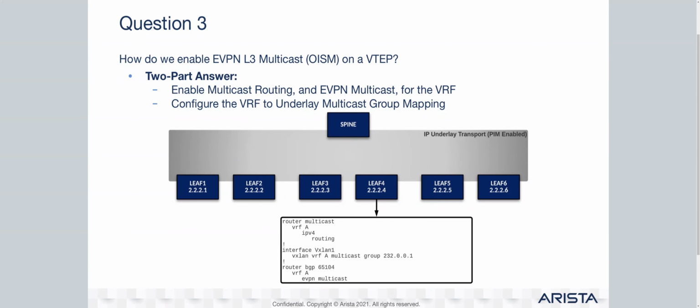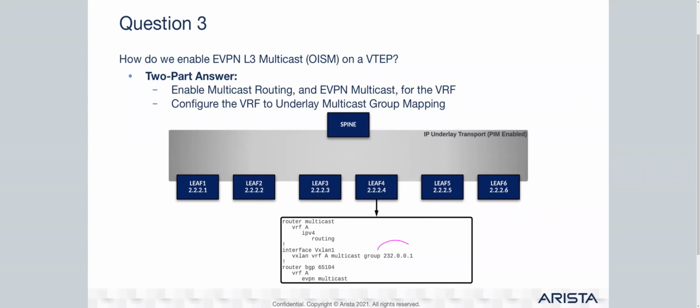Ultimately, what we're doing is enabling multicast routing for the VRF, in this case VRF-A. Once that's in place, we're going to map an underlay multicast group to the VRF. This bears repeating because it's a really important concept.